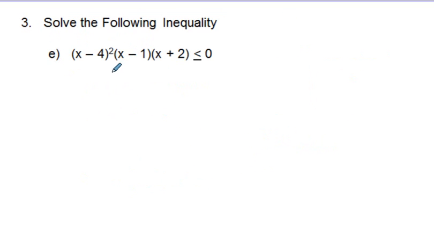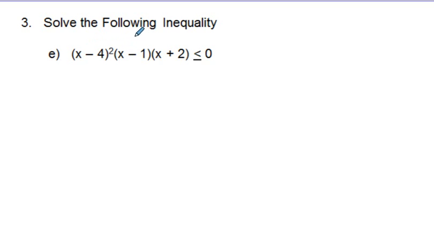Okay, we have quantity x minus 4 squared times quantity x minus 2 times quantity x plus 2 is less than or equal to 0. So what type of function do we have here? Well, I hope you can see that we would have x squared times x times x.